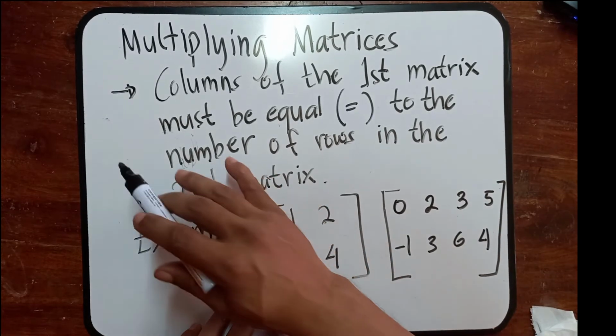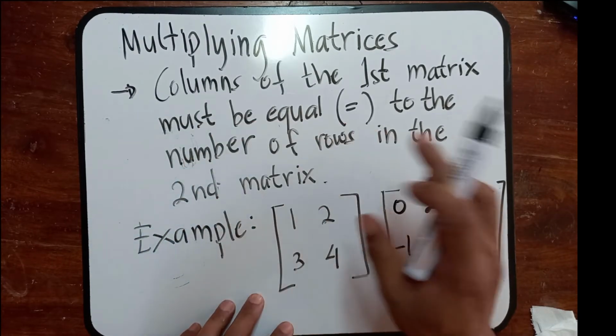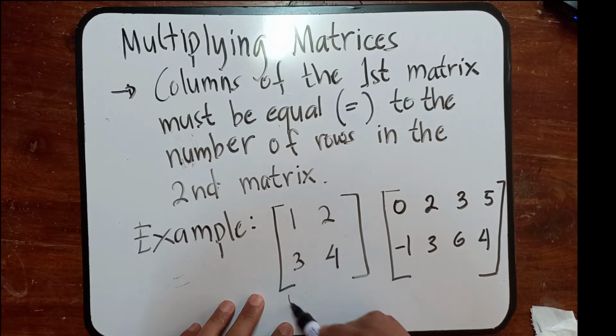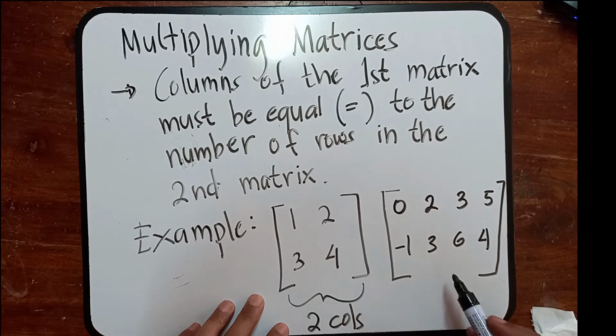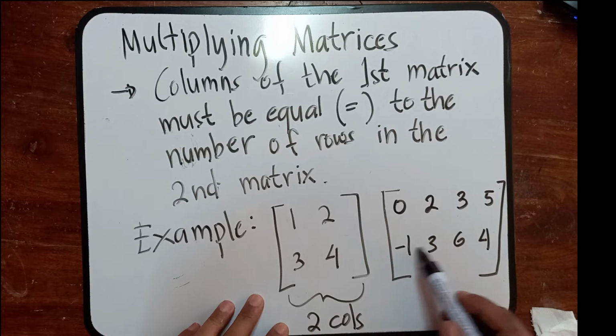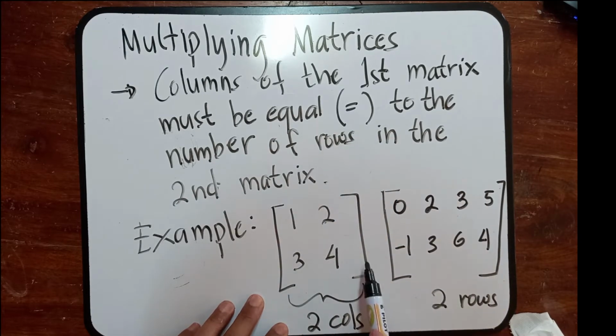Again, let's review our rule: the number of columns must be equal to the number of rows. How many columns do we have for our first matrix? We have 2 columns here. And how many rows do we have for our second matrix? 1, 2. So we have 2 rows. Meaning 2 columns and 2 rows, they are equal, so it is legal to multiply these matrices.